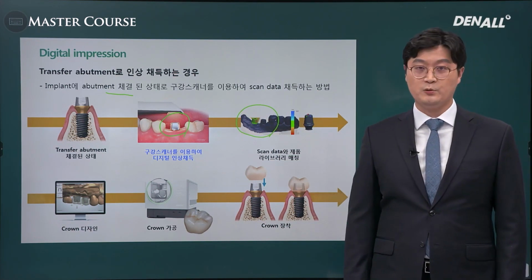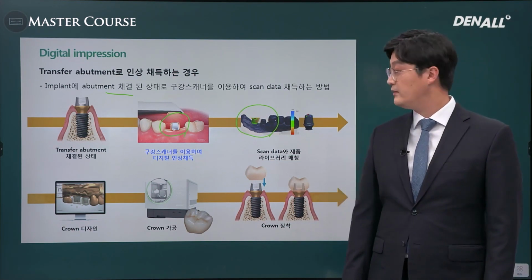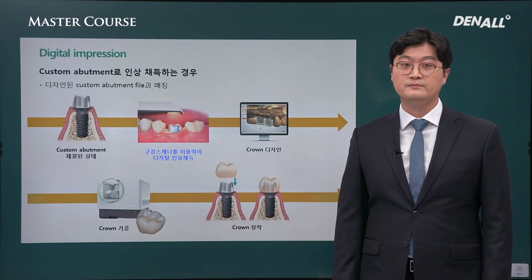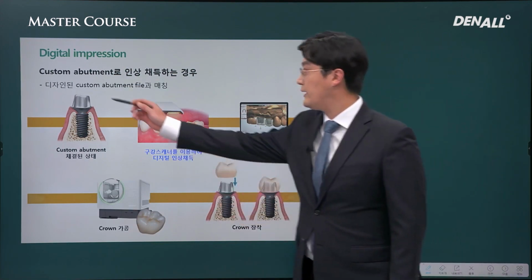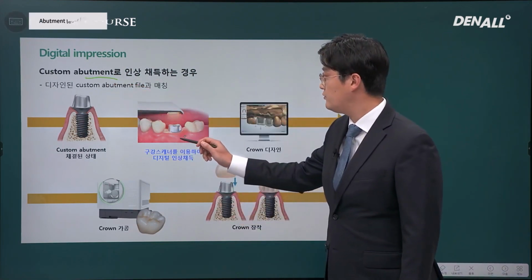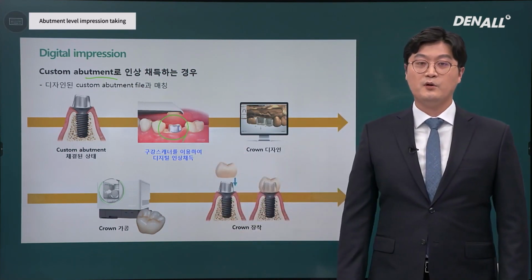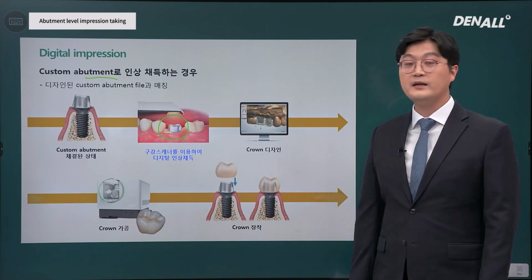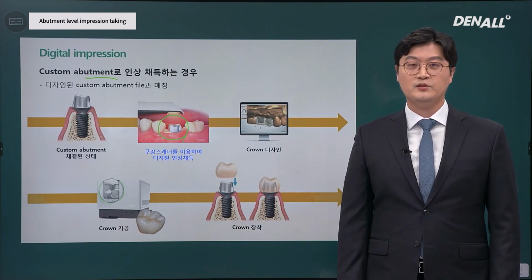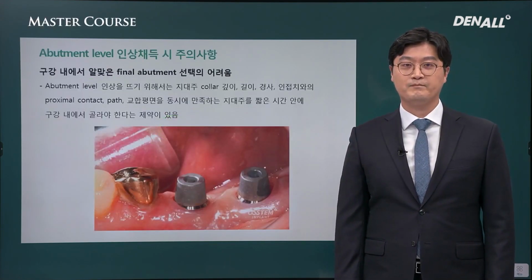Without making a gypsum model, an implant prosthesis can be fabricated. The same goes for custom abutments. Regardless of where they are made, in a lab or dental office, there should exist an abutment design file that can be matched with a library for an accurate prosthesis.